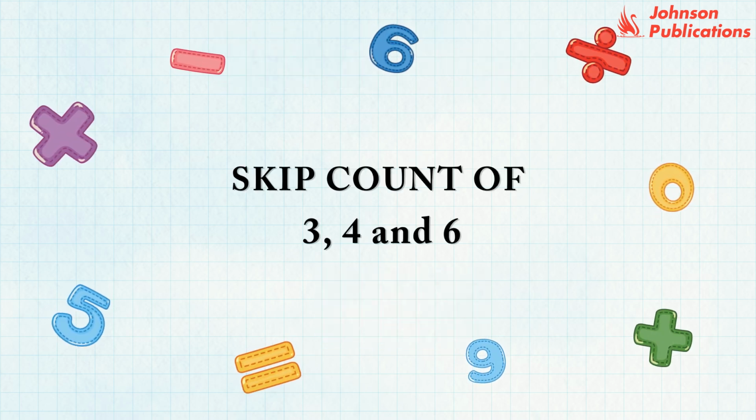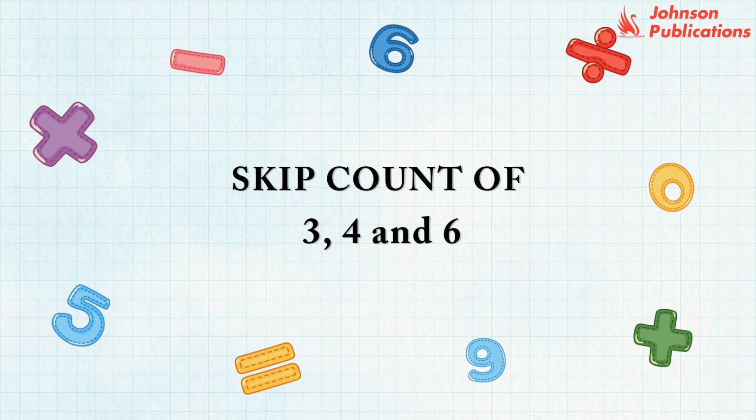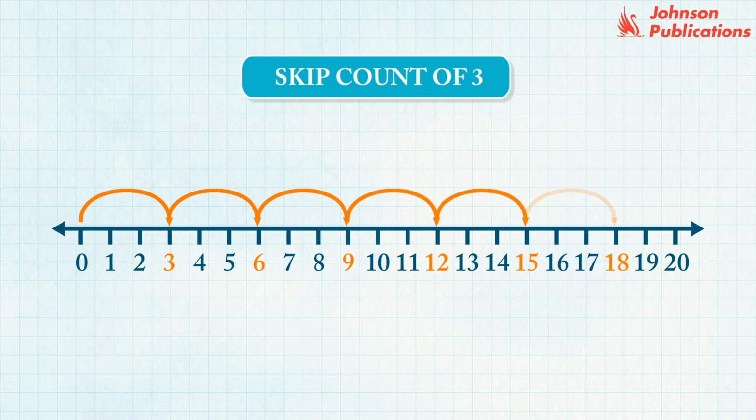Skip count of 3, 4 and 6. Now, we will learn about skip counting by 3s, 4s and 6s. If we skip count by 3, we get 3, 6, 9, 12 and so on. To do skip counting by 3s, we keep adding 3 each time to the previous number.